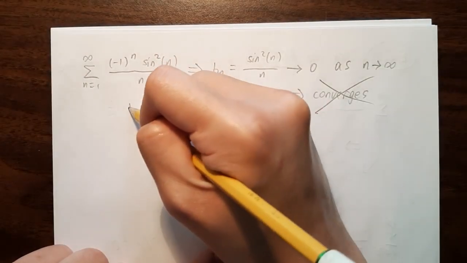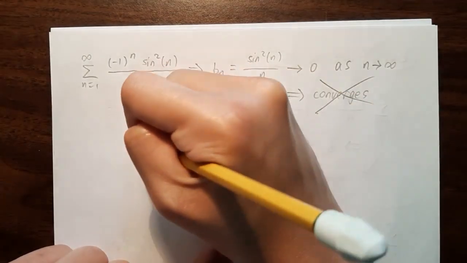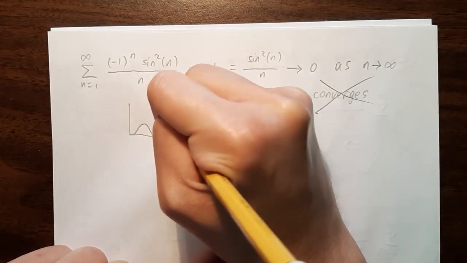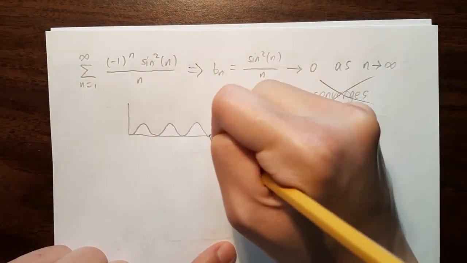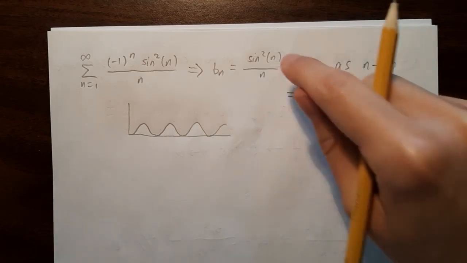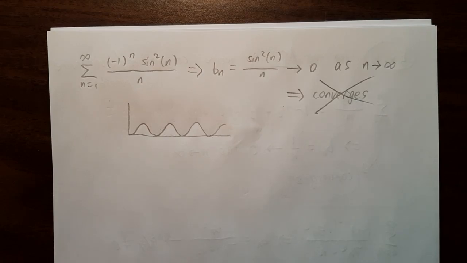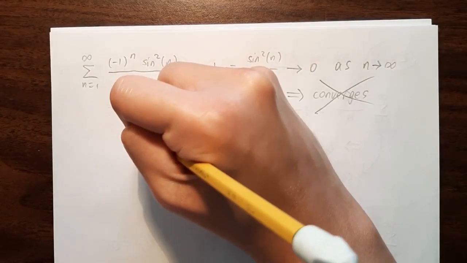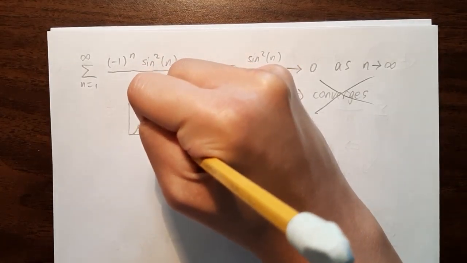So if I go and plot it real quick, remember sine squared looks something like this. Except this time, I'm not taking nice integer multiples of pi or fractions of pi. I'm just taking random integers and plugging them into the sine function, which is a fairly unnatural thing to do. And so what we're going to wind up getting is a sequence which looks something like this.